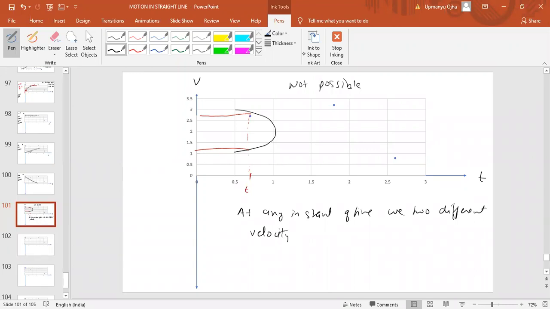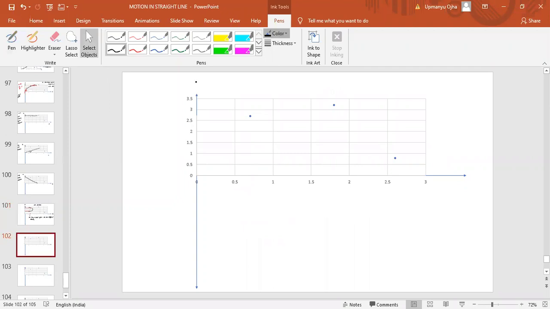Next graph. If I draw a displacement versus time graph like this, now can this graph be possible? No. Again, the reason remains the same, because at any instant of time we have two different displacements, which is not possible.